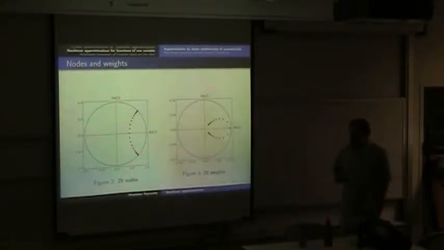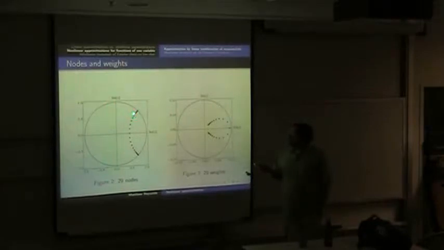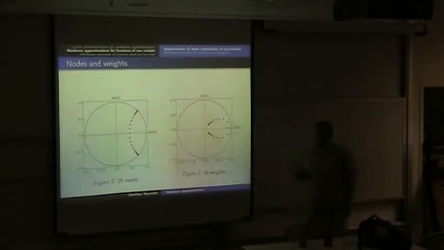We're approximating a Bessel function, and the farther you get away from the origin, the Bessel function looks more like a cosine. So these points are accumulating towards points on the unit circle, but they never get there. You also notice that since this is a real valued function, we have symmetry about the real axis, and we have that in the weights also.